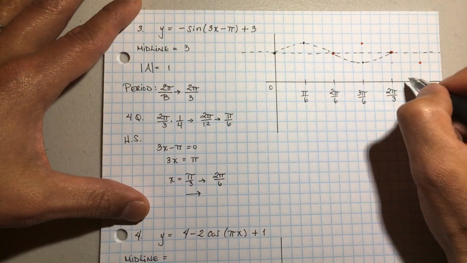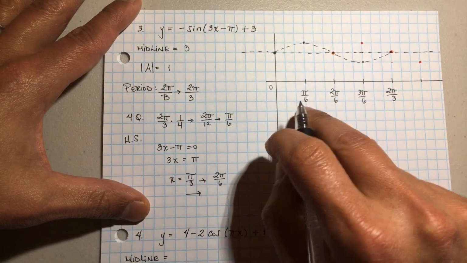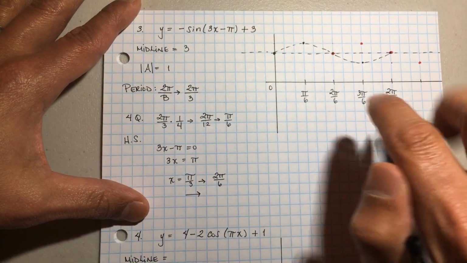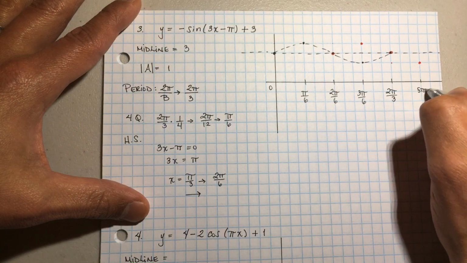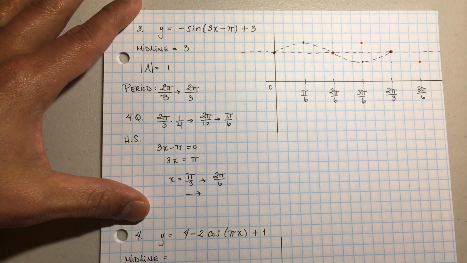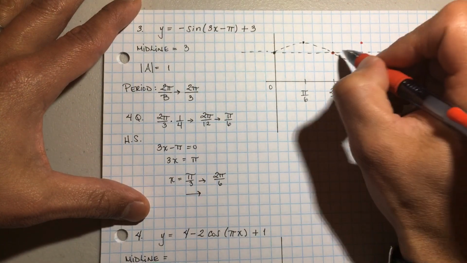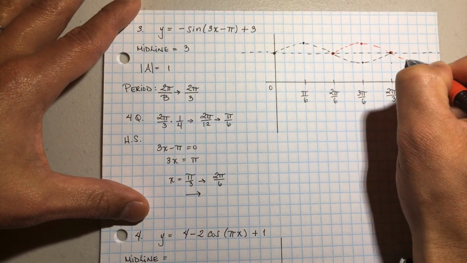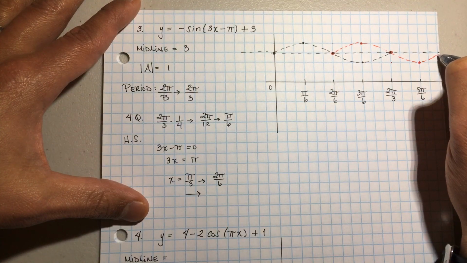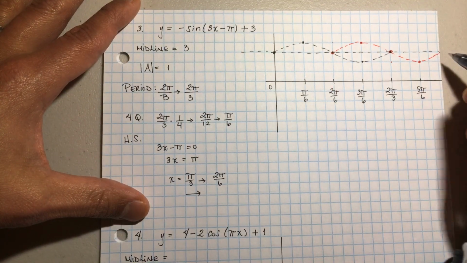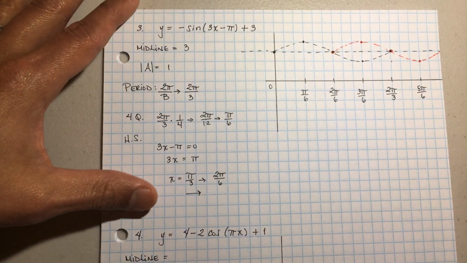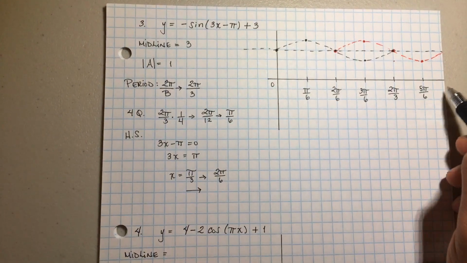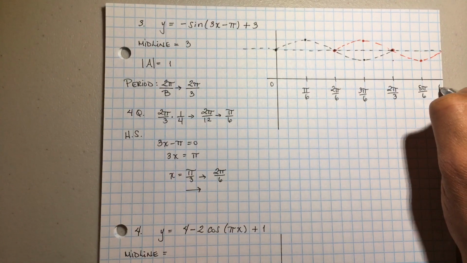Sorry, guys. See, 1, 2, 3. So this would be count 1 pi over 6, 2 pi over 6, 3 pi over 6, 4 pi over 6, and this would be 5 pi over 6. Okay. And I hate when I do that, but this is what you should get. Boom, boom, boom, boom. And of course, this guy over here would be 6 pi over 6. I can just write it in there.